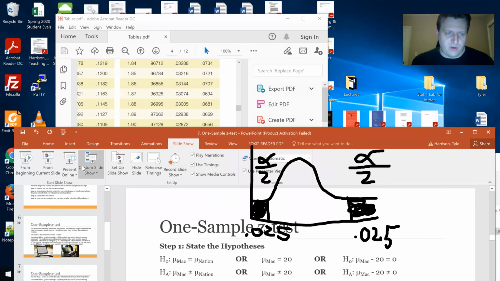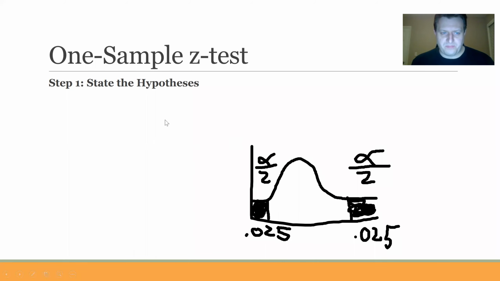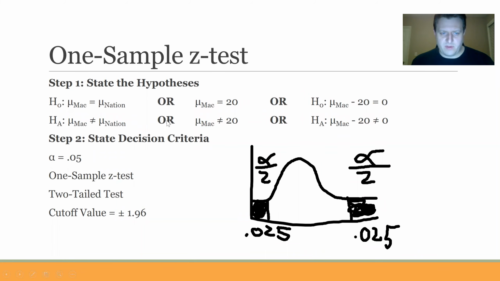All right, so let's go back to where we were. Okay, so in looking up on that z-table, we found that positive 1.96 is the value where 2.5% of people score above that.